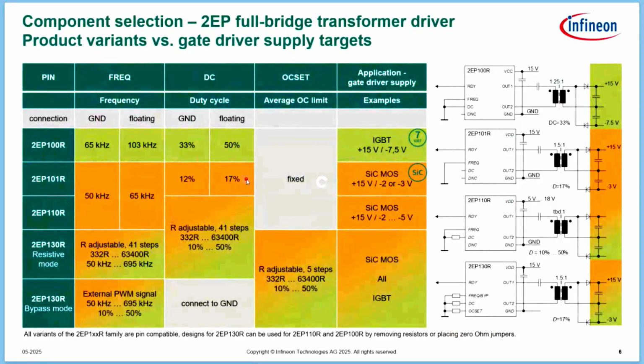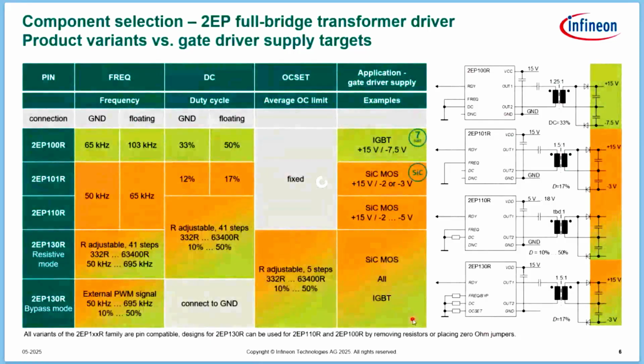We have duty cycle adjustment. We have in some of the products, or at least in this high-end product, an adjustable overcurrent setting. And we can therefore supply different supply examples in different applications, like specifically for IGBT, silicon carbide MOSFETs, or if it's adjustable, basically it's valid for all of these application circuitries.